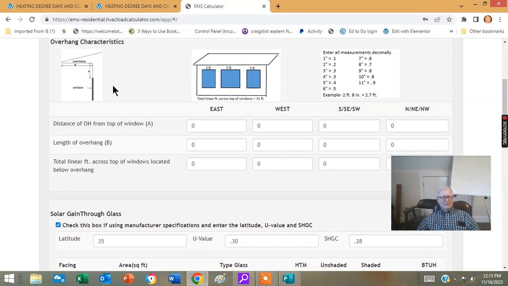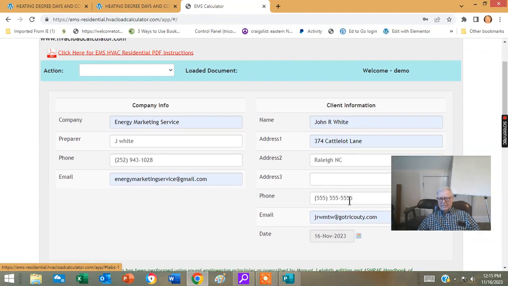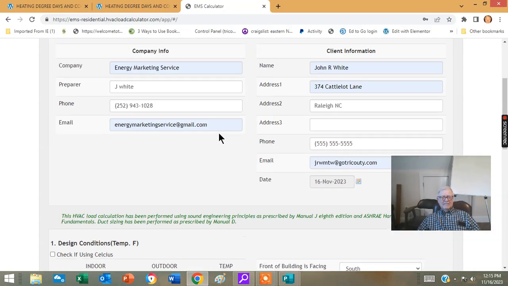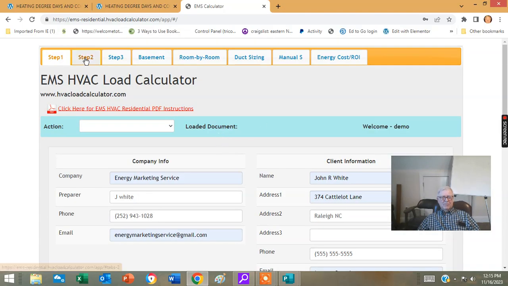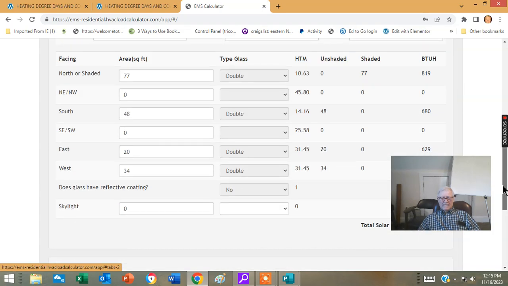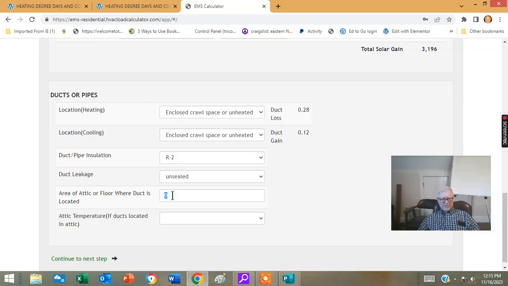House is, I'll go back here. Step one. Yeah, 2,256 square feet is how many square feet's in it. Go back to step two. The ducts are scattered around all underneath the house. 2,256 is the square foot.